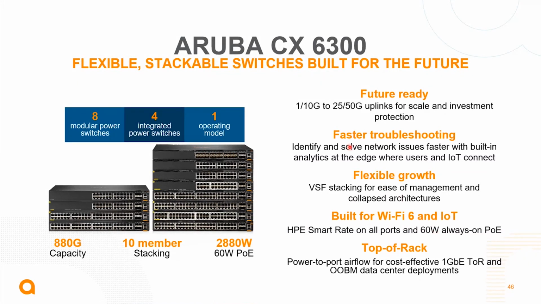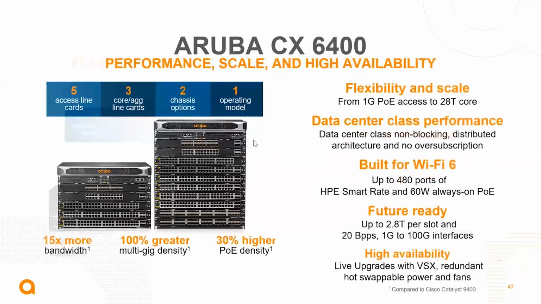With this model, we can have SFP56 uplink ports, or we can leverage the 50 gig ports. We can stack this up to 10 units. We have what we call the modular and the fixed models for this one. The next one will be for our core switches, the 6400.